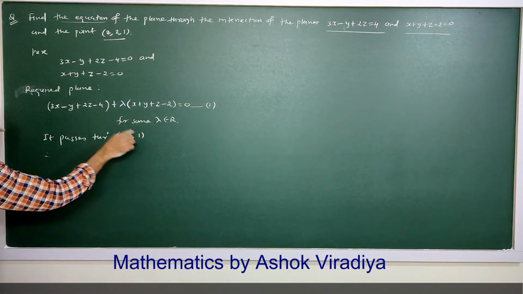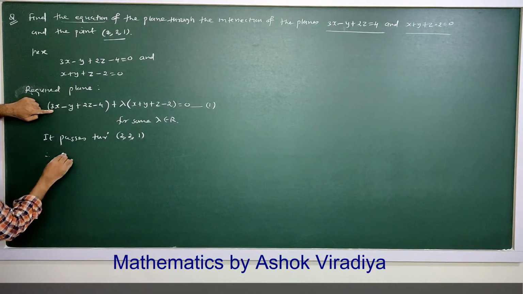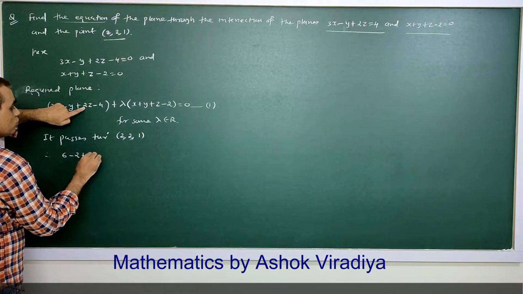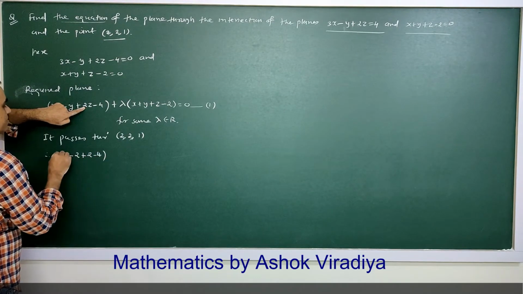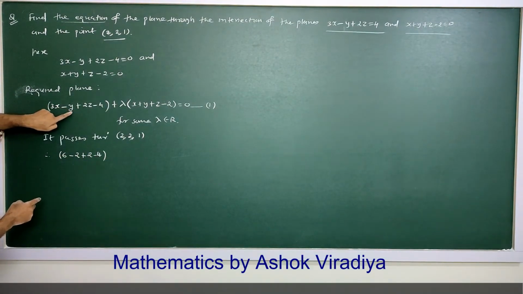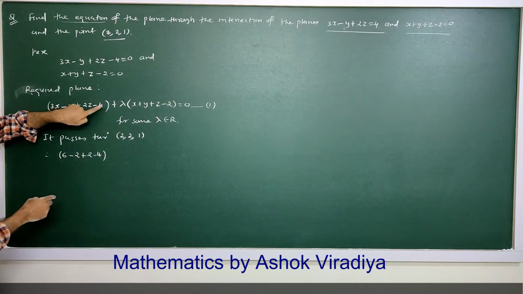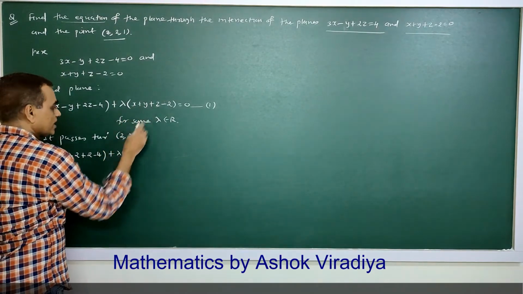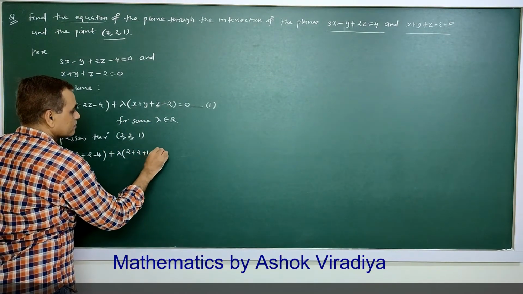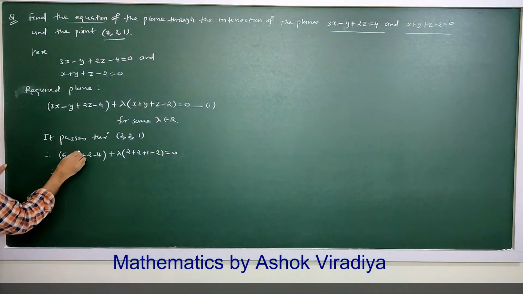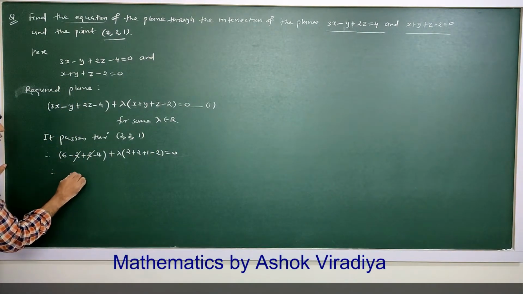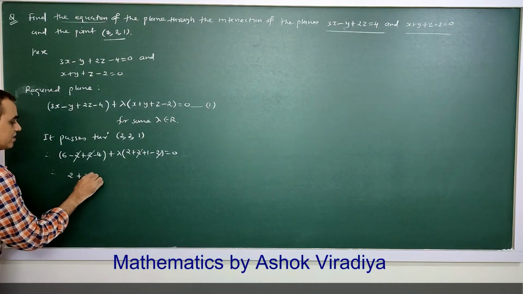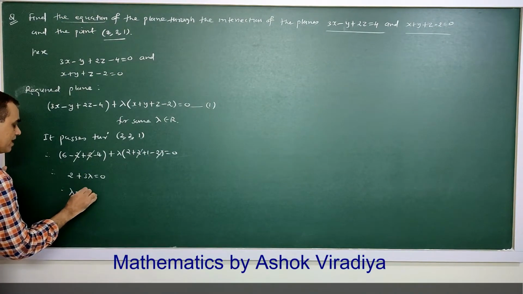Therefore, putting (2, 2, 1) in this equation: 3 into 2 is 6, minus 2, 2 into 1 is 2, minus 4, plus lambda times, putting (2, 2, 1), equal to 0. So minus 2 plus 2 cancel, 6 minus 4 is 2, plus here 2 minus 2 cancel, 2 plus 1 is 3, 3 lambda is 0. So lambda is minus 2 by 3.